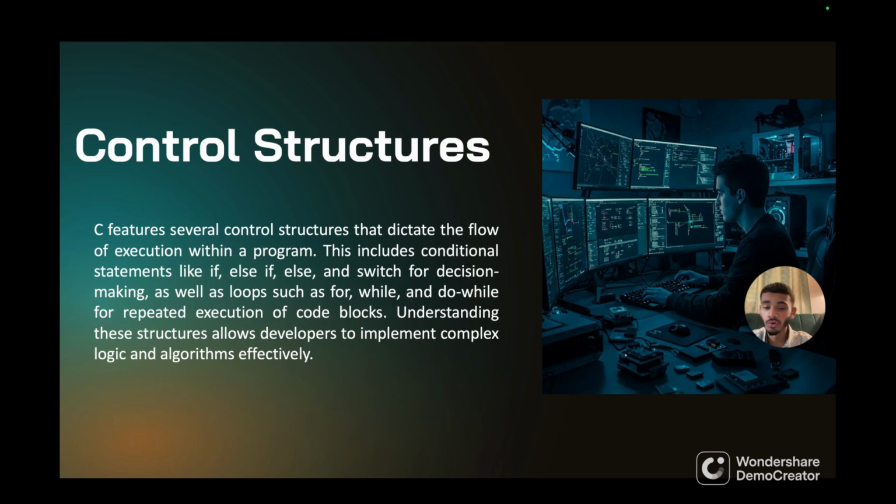For loop is used for known iterations, while loop is used for unknown and condition based. Do while loop executes at least once. Understanding these structures allows developers to implement complex logic and algorithms effectively.